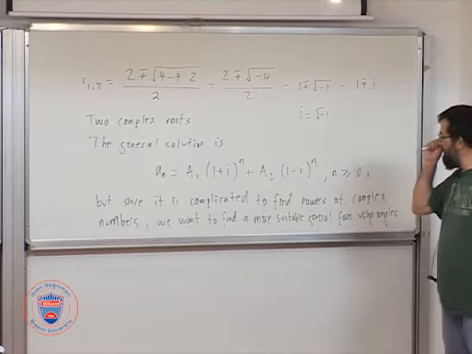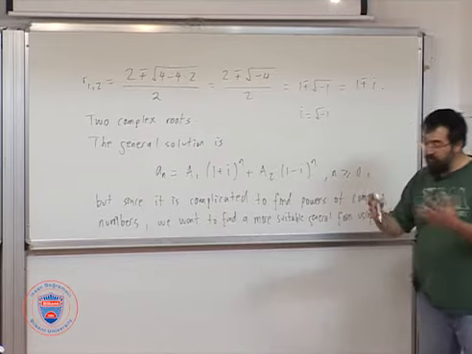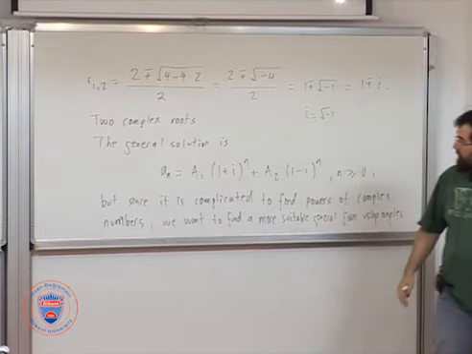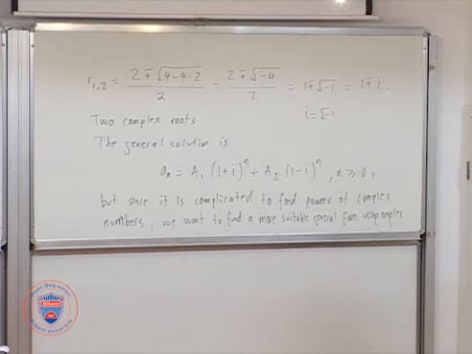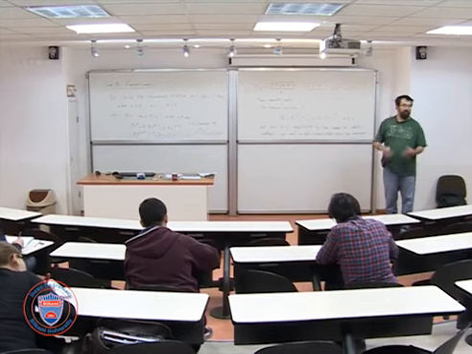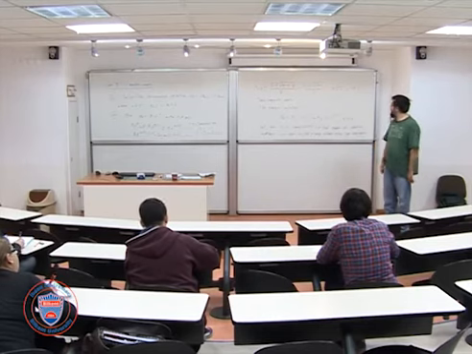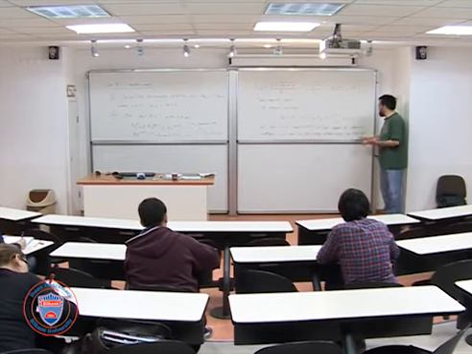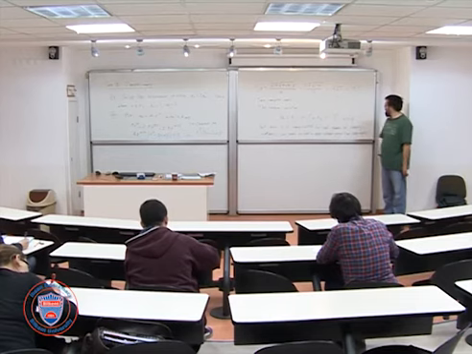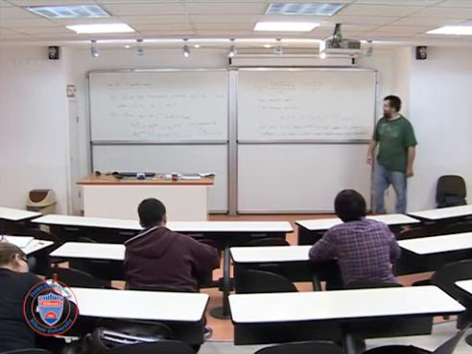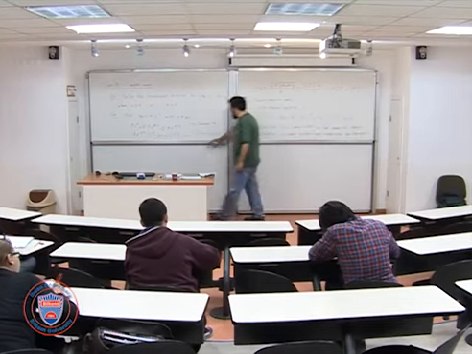Unless your hand calculator is very sophisticated, you can't calculate the nth power of 1 plus i. You can't calculate the 75th power of 1 plus i on a hand calculator. But we want to find some formula where you can calculate with a hand calculator. That means something that involves cosines and sines, which is easier to calculate.